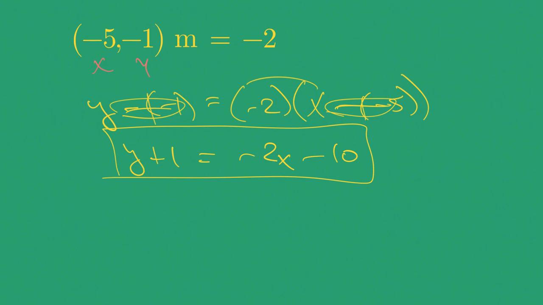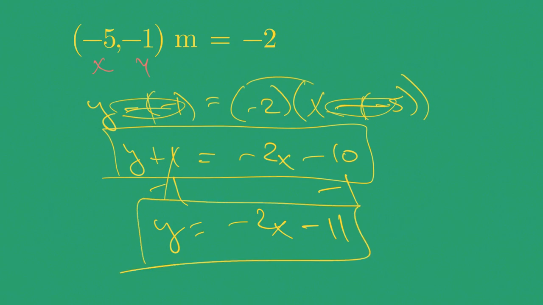If we're going to solve this for y to get the slope-intercept form, what needs to move? Good. Subtract 1 from both sides. Y equals negative 2x. What's negative 10 minus 1? Negative 11.